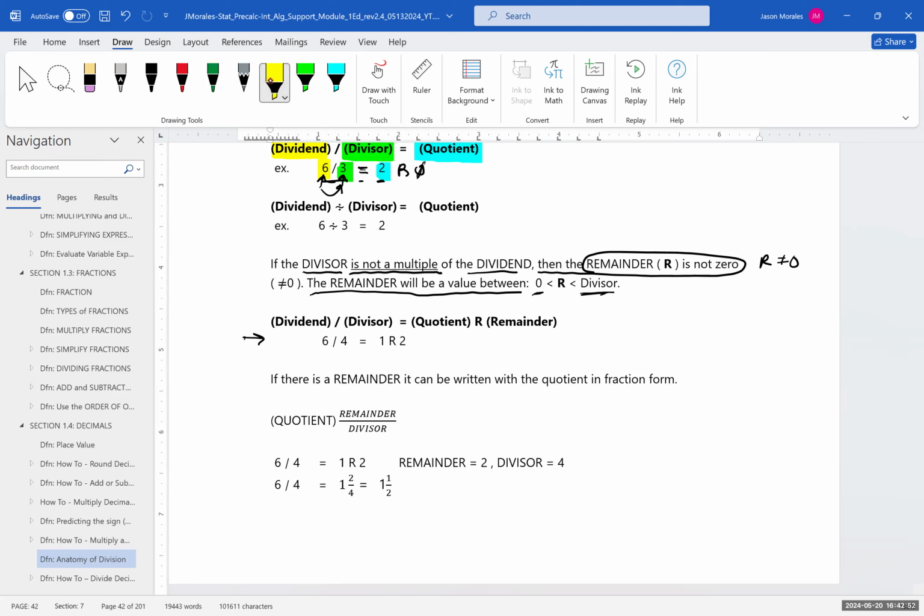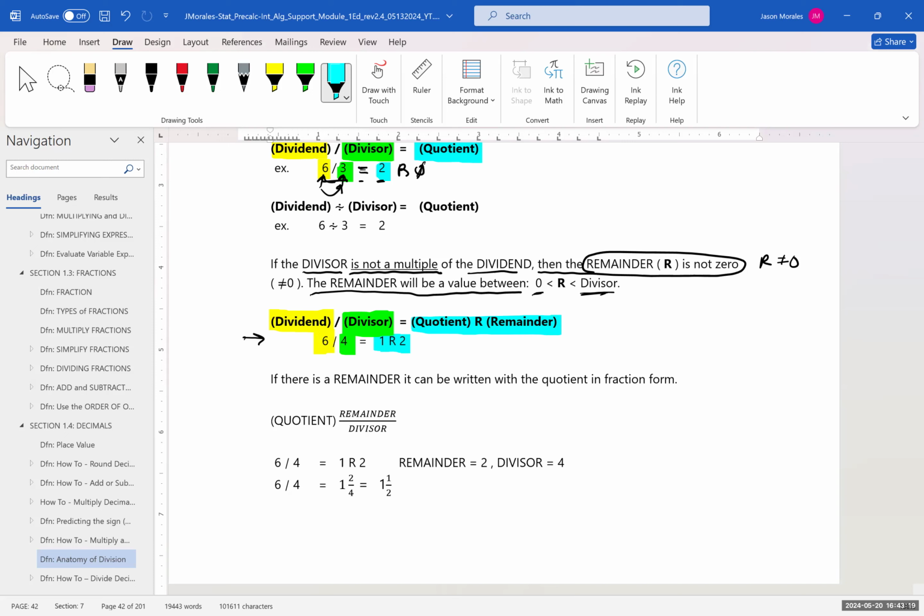Instead of 6 divided by 3, now we've got 6 divided by 4. Our dividend is 6. It's being divided by our divisor, which is 4. And the quotient that we get, our result, is 1 remainder 2. So this one we have a remainder.